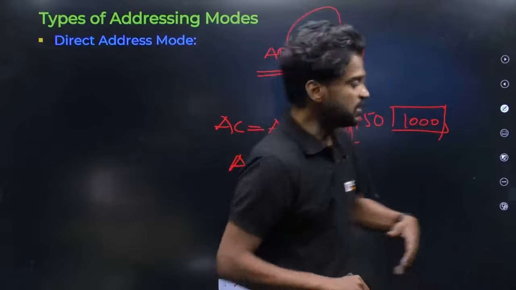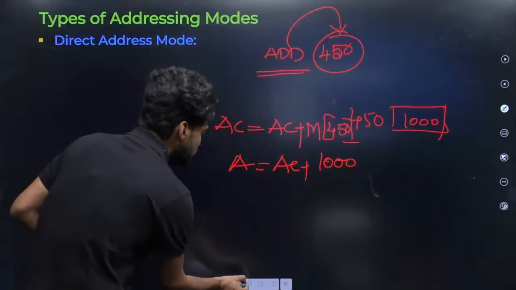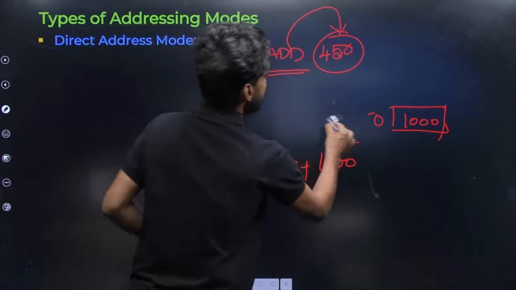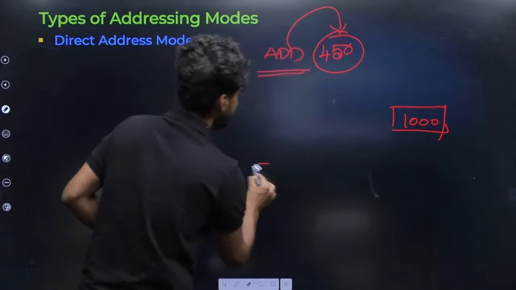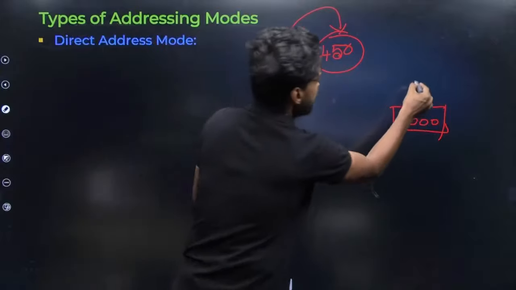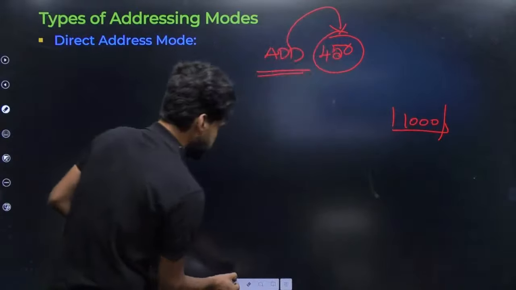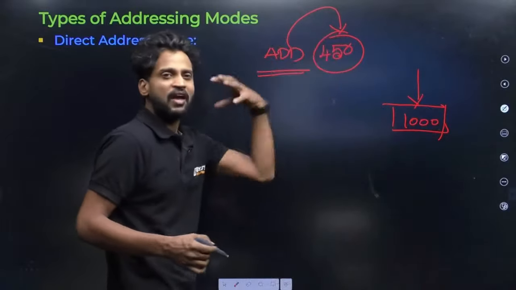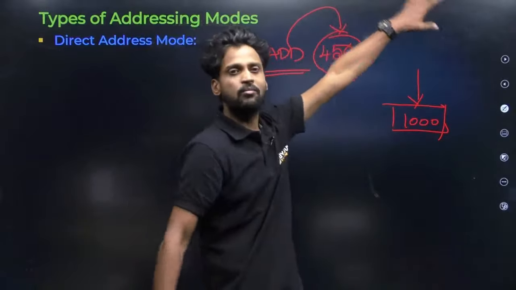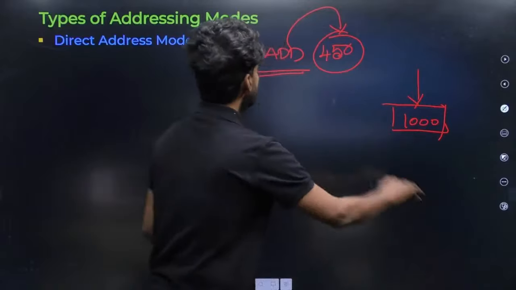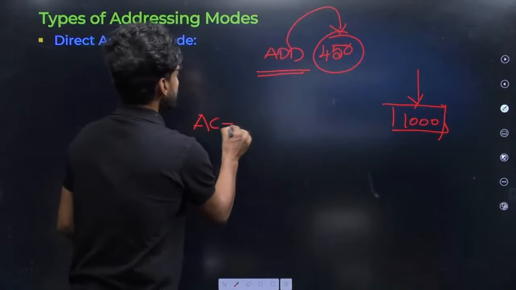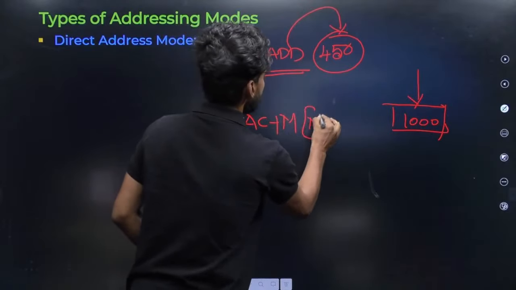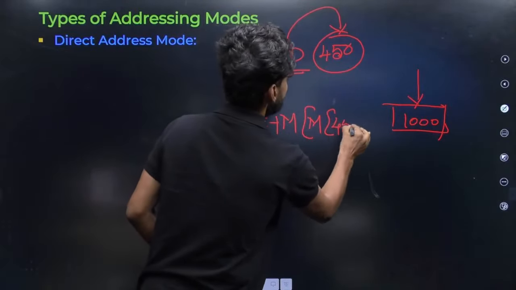Okay, and the next thing is indirect addressing mode. We don't need to talk about the indirect addressing mode much, because here in the address part of the instruction, we have an address in which there is one more address when you go to the main memory. When you access it, you are going to find one more address. So now accumulator will be equal to accumulator plus memory of 450.